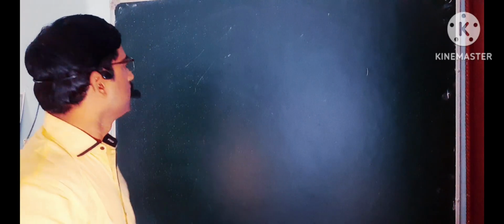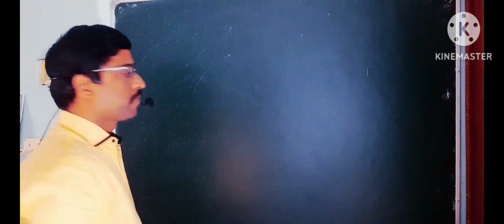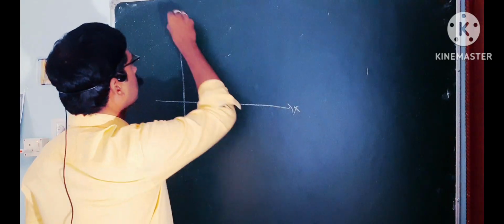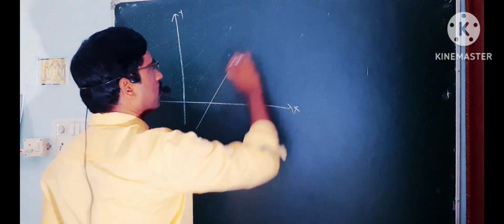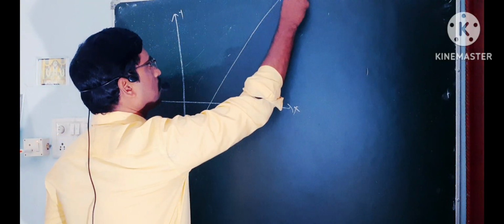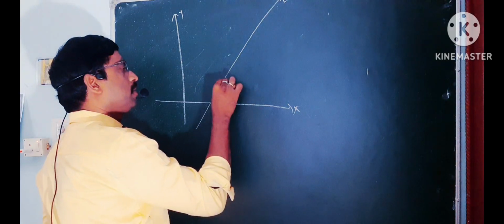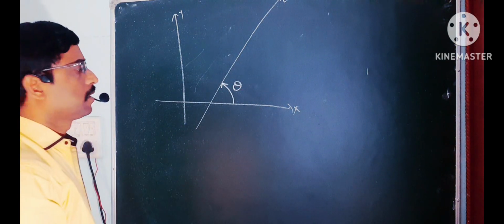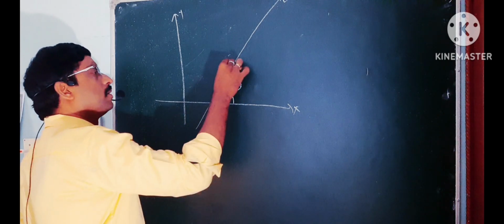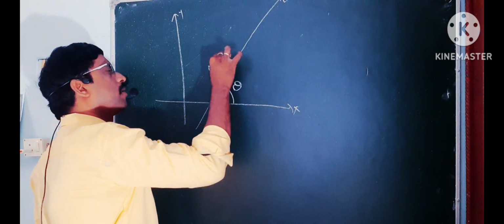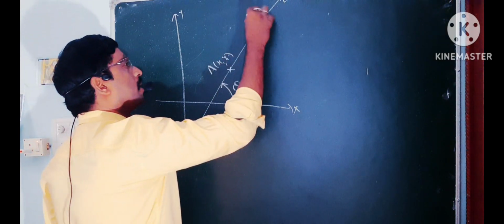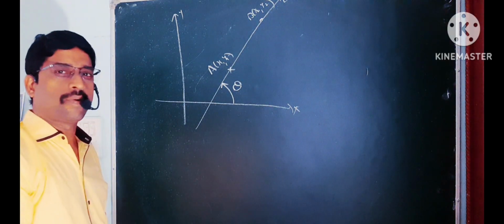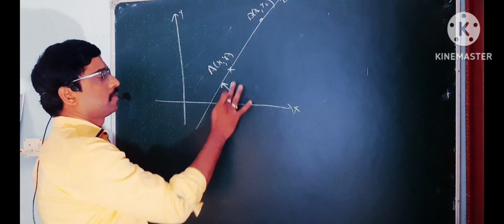Now explain, from statement, 2 points are given, how to find slope. This line L makes an angle theta with the x axis in positive direction. This line passes through A(x1, y1) and B(x2, y2). How to find slope of AB?